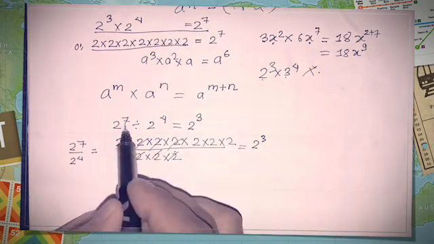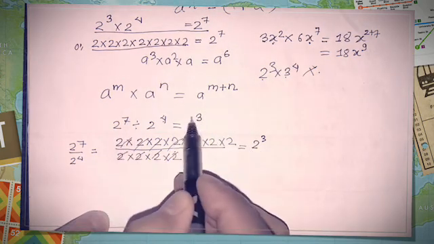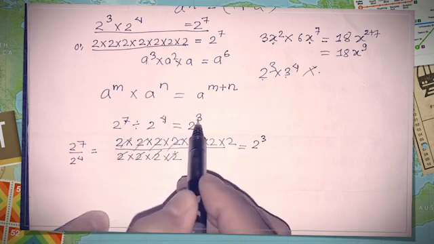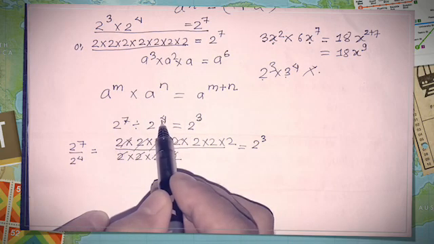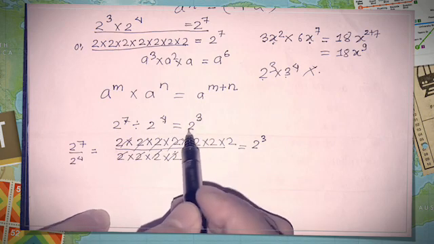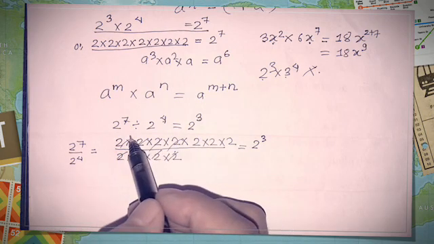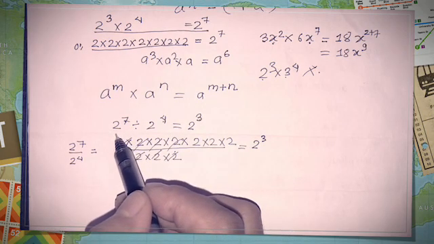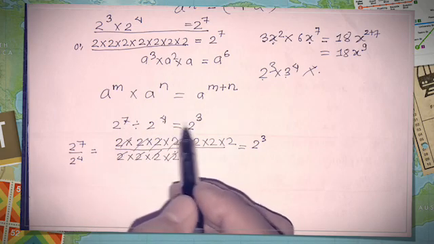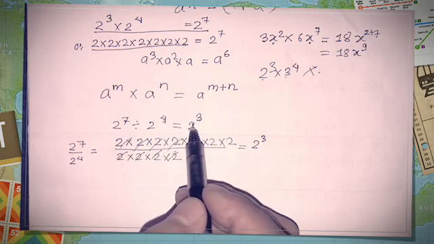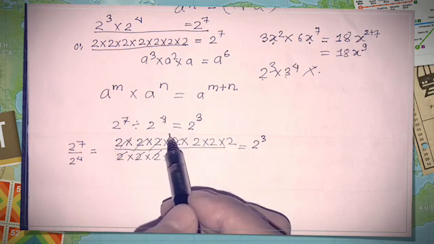Let's observe the powers here. 7, 4, 3. So 7 minus 4 is 3. This way, when dividing the indices, the powers are subtracted. This is the law of dividing indices.